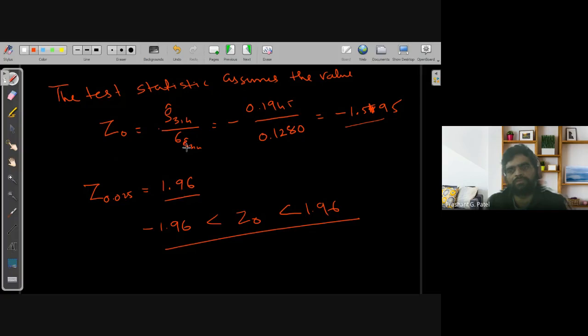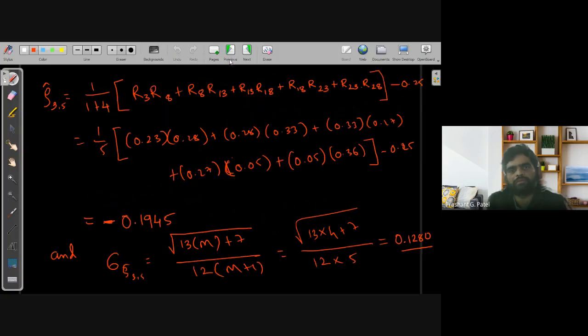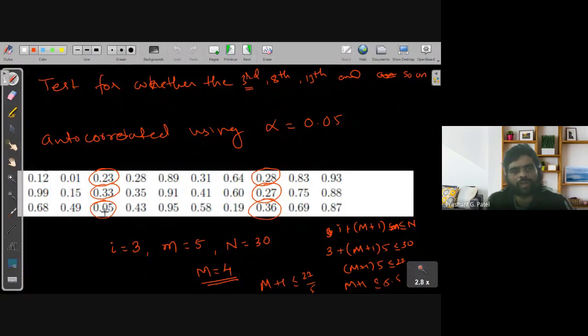That means the values at these places are autocorrelated, that we can say from this. Fine. So this is about the autocorrelation of this data.